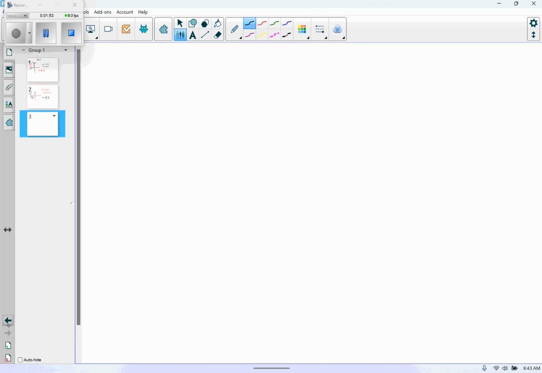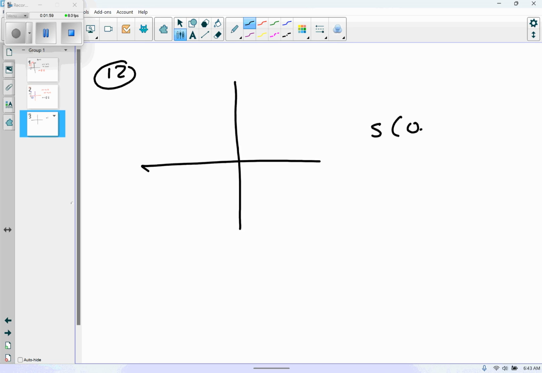Number 12, we have our xy axis here. Our point S is (0, 3). Our point W is (1, 6). So let's go ahead and graph (0, 3), point S, and then (1, 6).